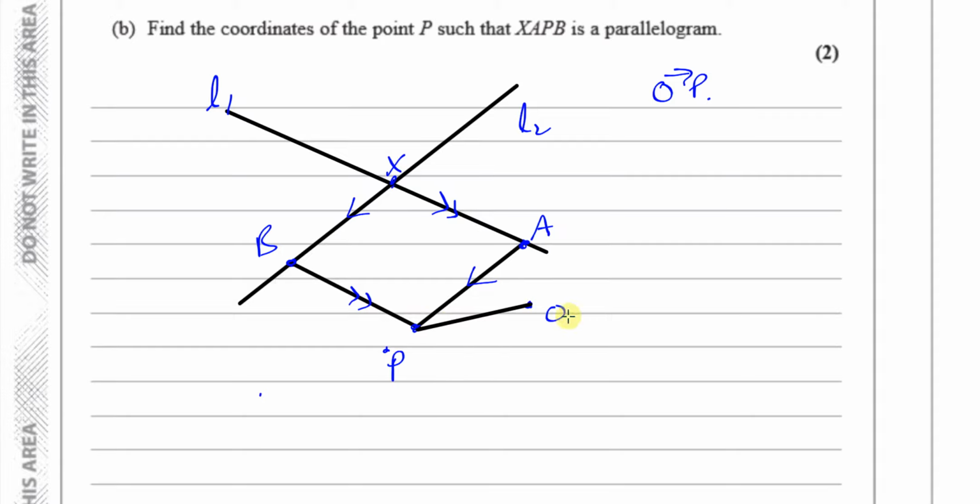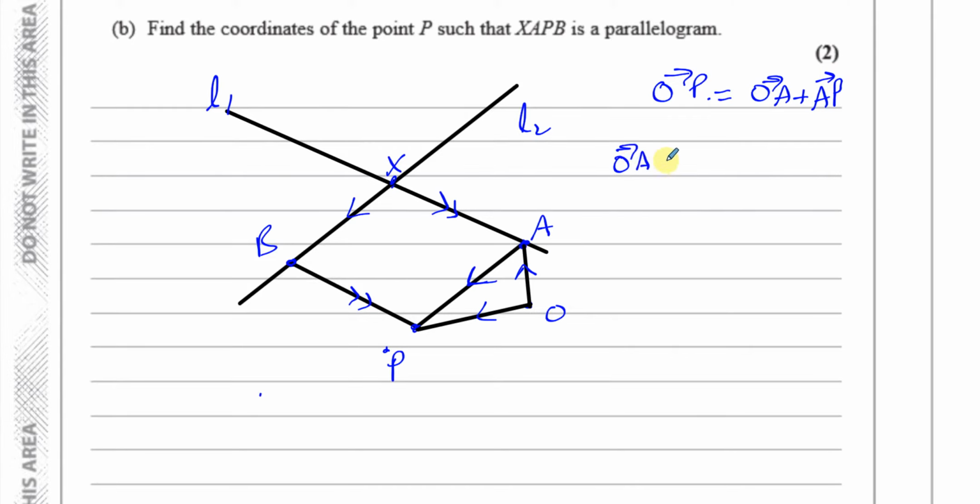Now, what we have is X to B. First of all, we need to find O to P. Now, O to P, you could say, is like O to A plus A to P. Now, O to A I know.